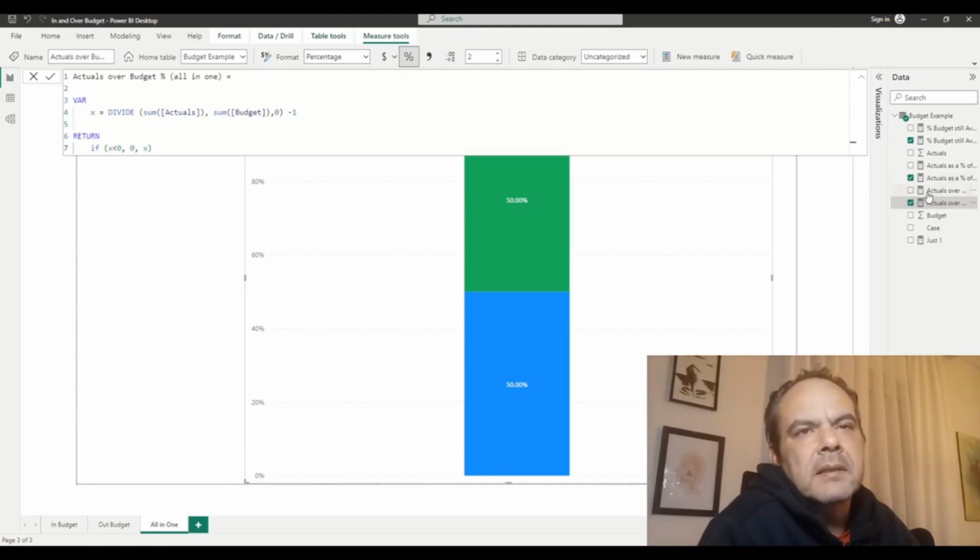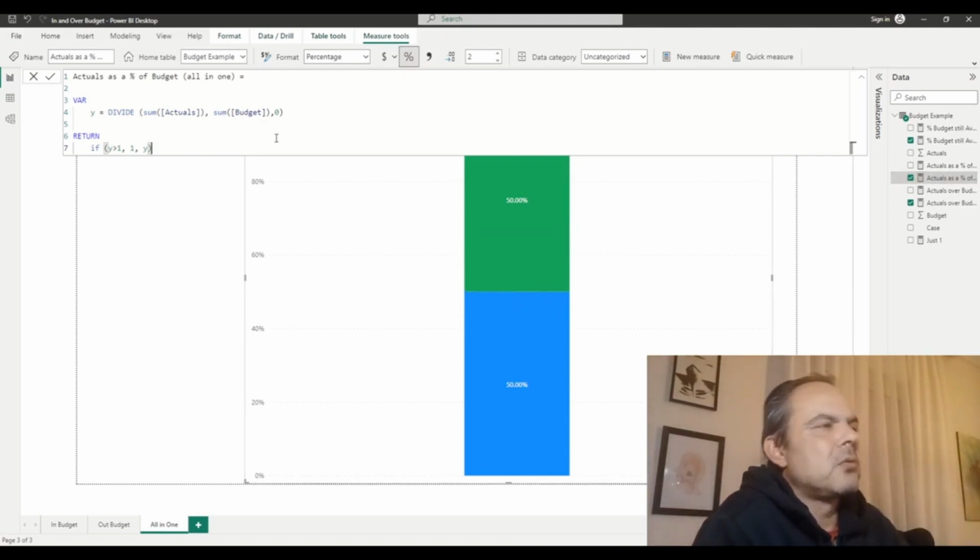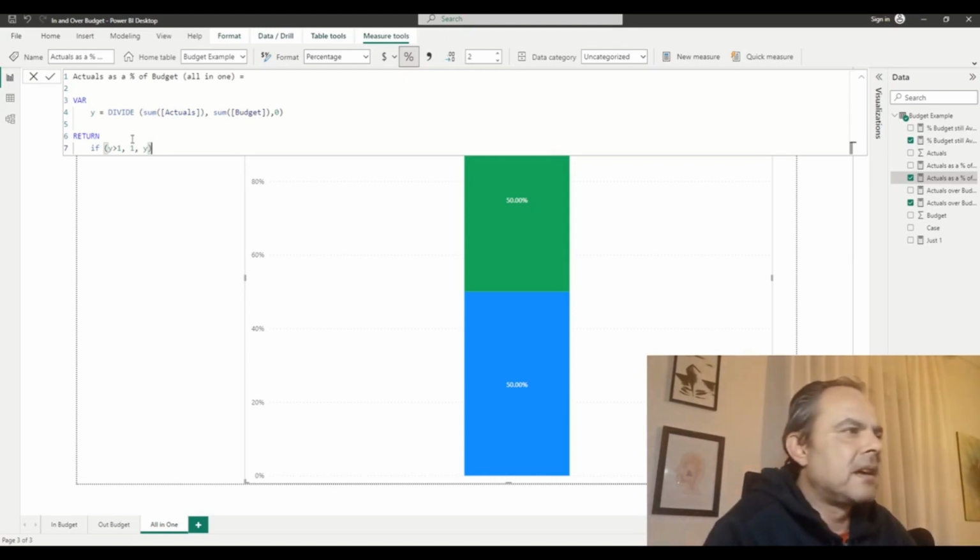So let's start with actuals as a percentage of budget, the blue bar, all in one. We still have the same division, actuals over budget, but if that division returns a number that is over 100%, then it stops at 100%. Otherwise, it's that division.